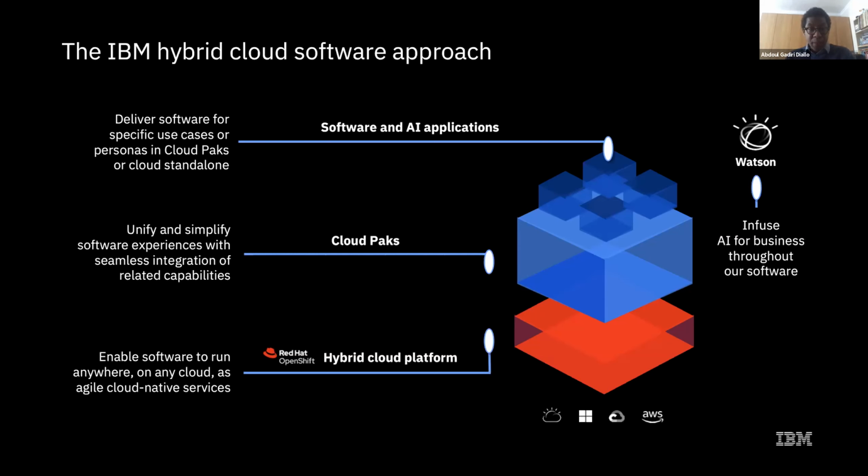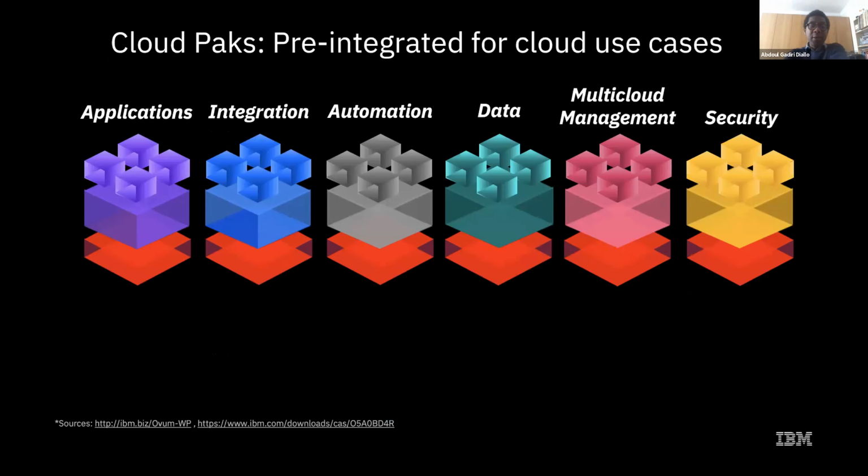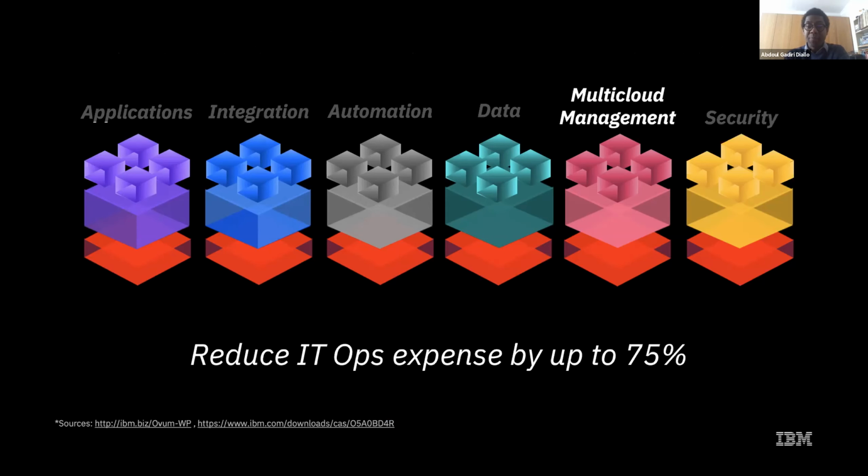So today, in the software portfolio, as a result of this new approach, we have 6 Cloud Paks. And for our session today, we will be focusing on the Multicloud Management Cloud Pak, which actually is meant for helping you reduce your IT ops spendings by up to 75%.